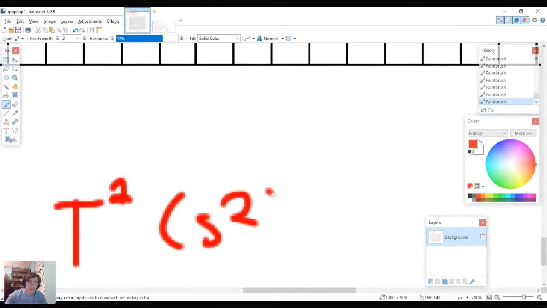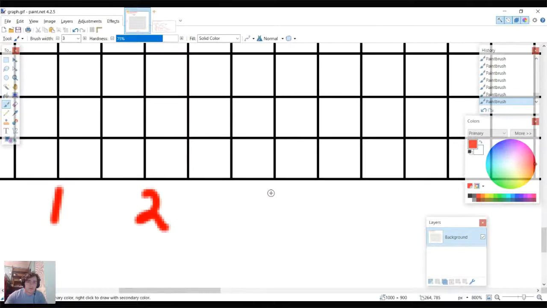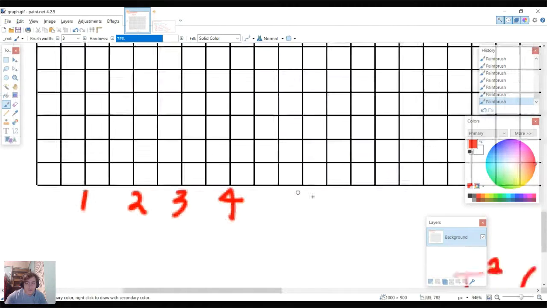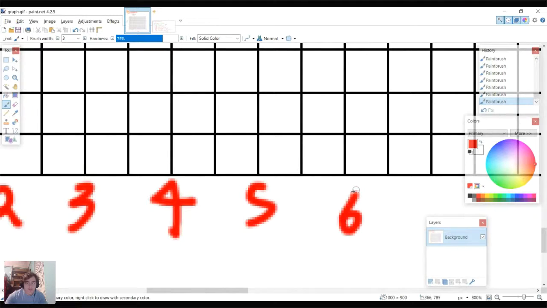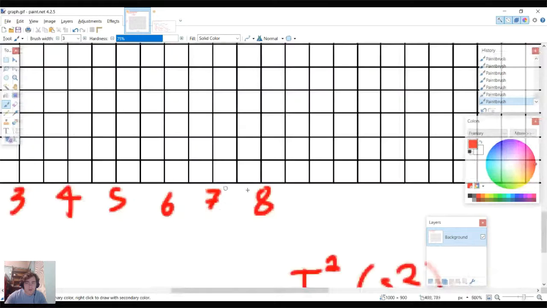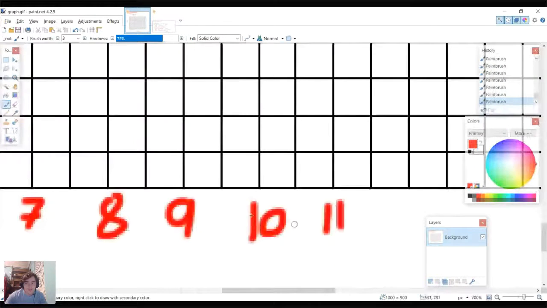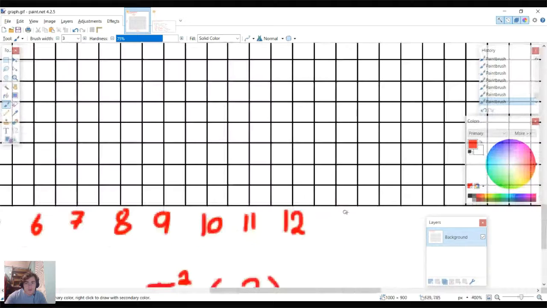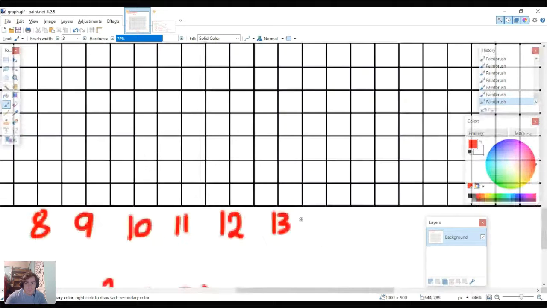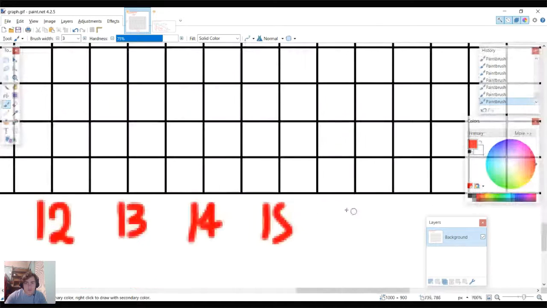Seconds squared. 1, 2, 3, 4, 5, 6, 7, 8, 9, 10, 11, 12, 13, 14, 15, 16.